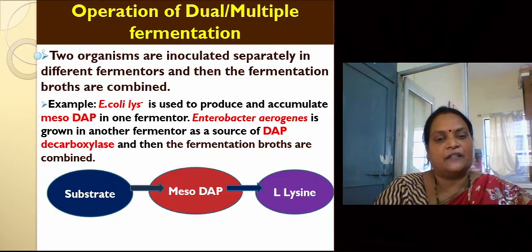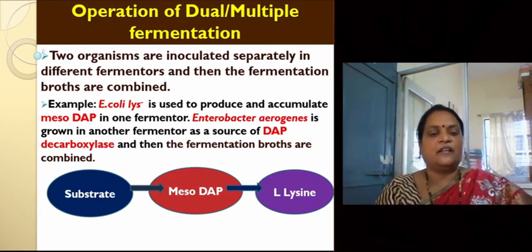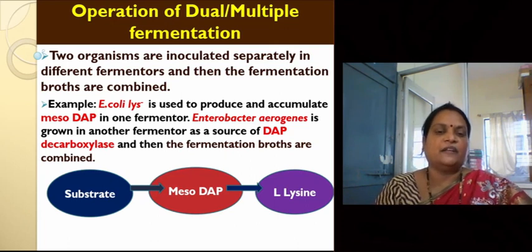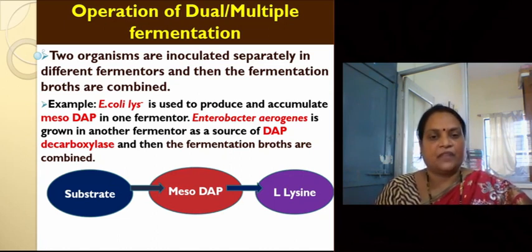In another fermenter, simultaneously we will inoculate Enterobacter aerogenes and allow it to grow. Now what has happened? In the first fermenter, a large amount of meso-DAP is accumulated, and in the second fermenter, Enterobacter aerogenes is growing. So after some time, we will mix the contents of both the fermenters.